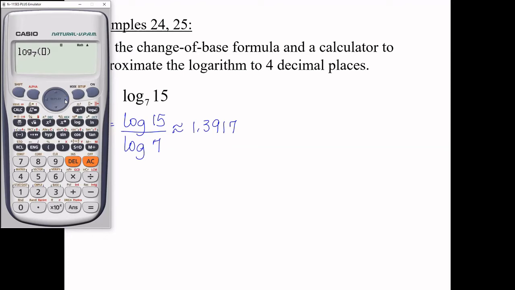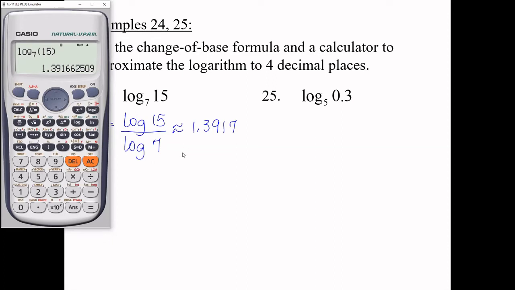We use the arrow to go over, put in the 15, and we hit the equal sign. You see how much simpler that is with these calculators. That saves you all of these steps. 1, 2, 3 steps. Okay? And in a complicated problem, that's kind of a big thing.